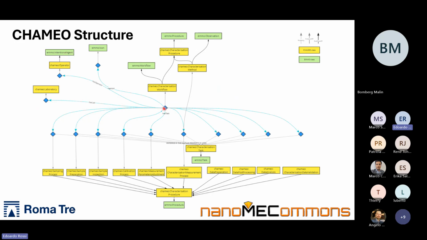Again, the task has a laboratory associated, the task has a characterization workflow associated, and the characterization workflow is a characterization procedure. So this is how an ontology with the terminology associated works.